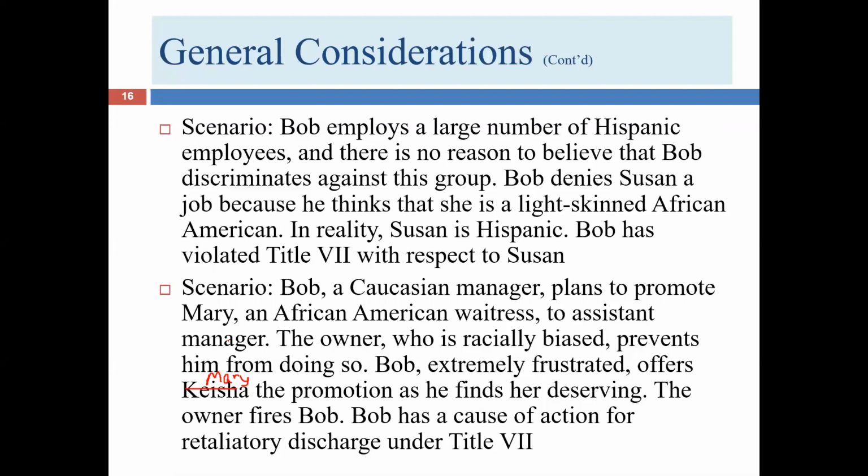The owner isn't firing Bob because Bob is white, but he's firing Bob because Bob refused to discriminate. And so Bob engaged in oppositional conduct. So Bob's cause of action would be for retaliation, not for racial discrimination. But retaliation is, of course, a protected category under Title VII.